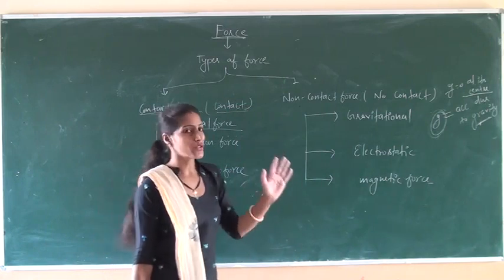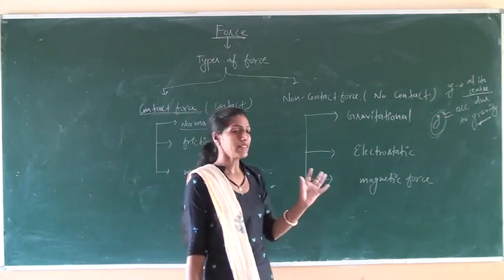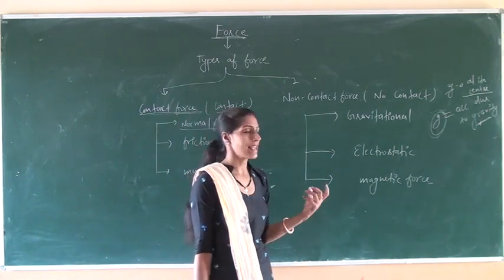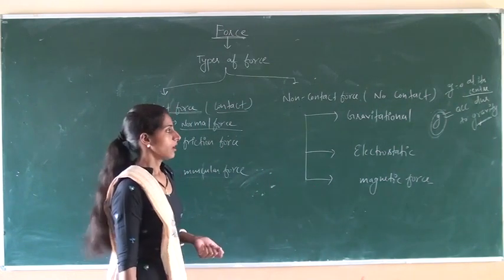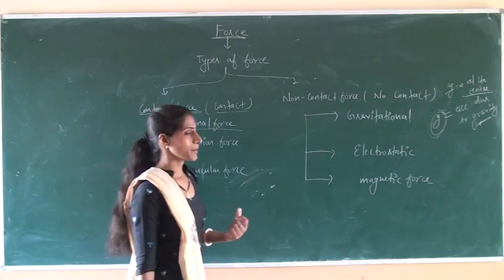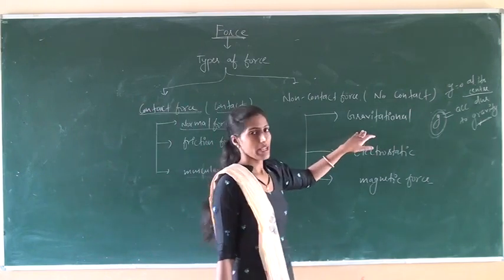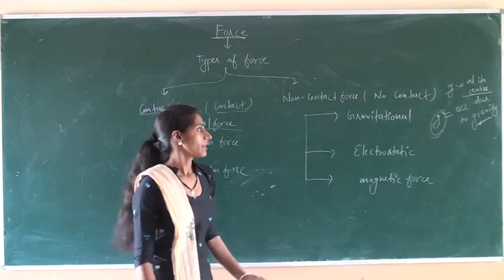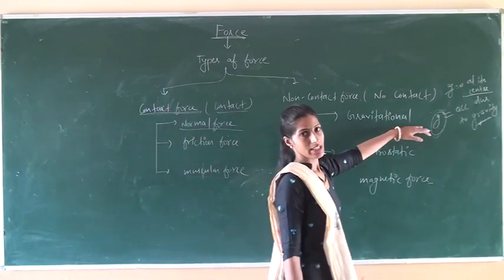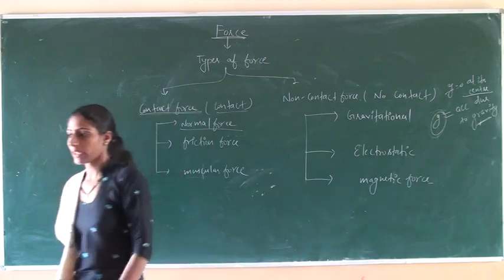And this value of g in our atmosphere has different values. Okay? So the force produced on any object in our atmosphere, when we throw any object, is the gravitational force. Okay?